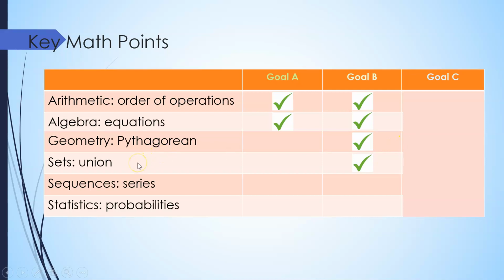Also, some knowledge of sets and subsets, such as union and intersection, is crucial. Last, to be the top 1%, or goal C, we need a deep understanding of sequences or number series, and also statistics and probabilities.